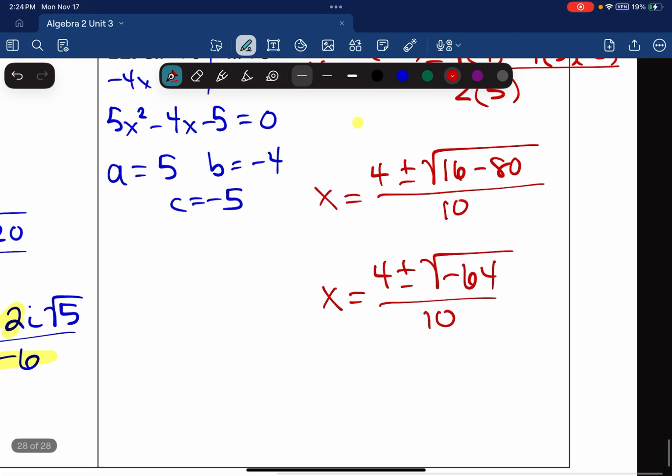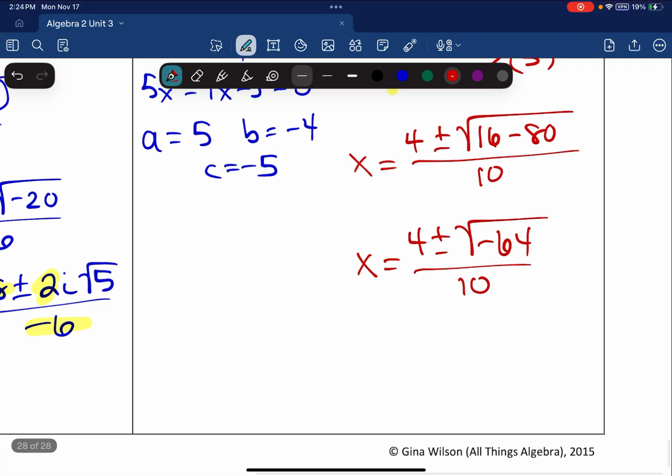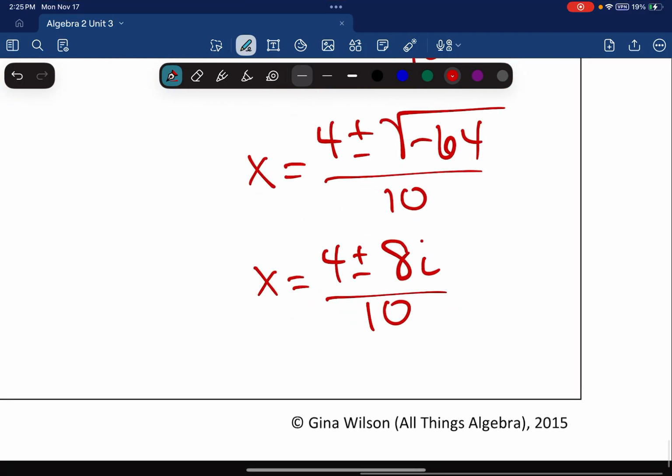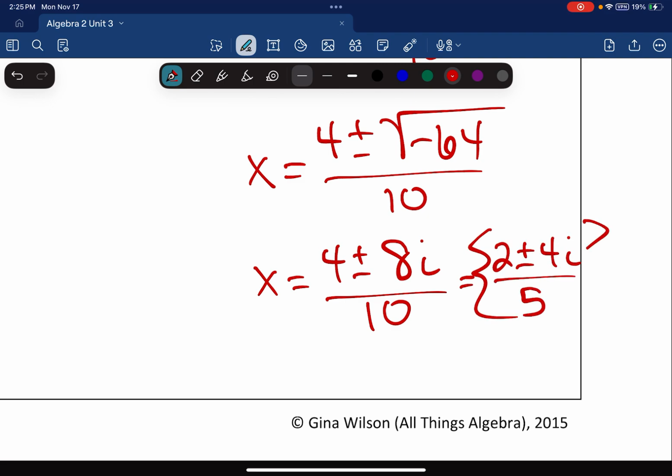We're now going to simplify our radical. x equals 4 plus or minus 8i over 10, and then divide everything by 2, so 2 plus or minus 4i over 5. That is my final answer.